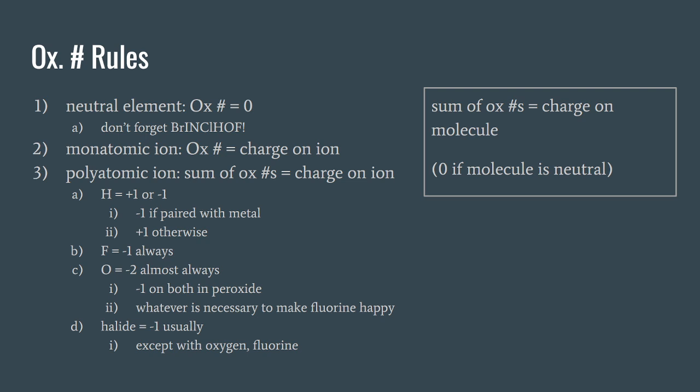When you're looking at a molecule or a polyatomic ion, if you look at the oxidation numbers of every single atom, and you have to do that, you'll find that they add up to the total charge on the molecule or polyatomic ion. So, in that way, oxidation number is similar to formal charge, but it is still a very different thing.